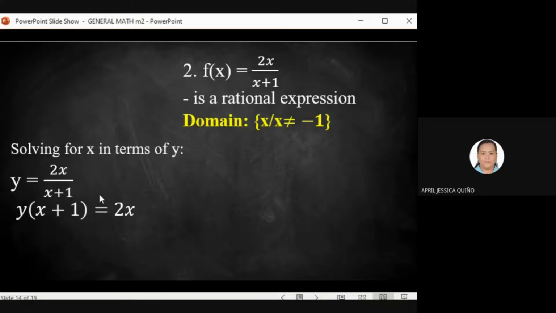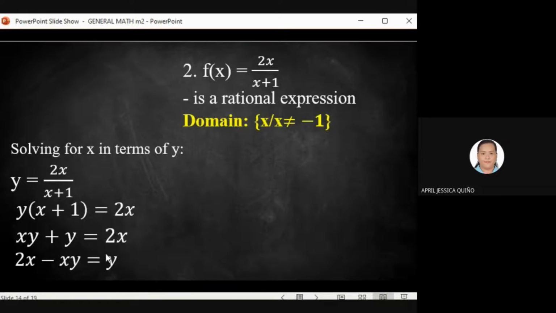If you're going to multiply x plus 1 to both sides, you'll get y times x plus 1 and you will only have 2x here, kasi kapag minultiply mo yung x plus 1 dito sa equation na 2x over x plus 1, the x plus 1 divided by x plus 1 is 1. So, it will be omitted here already and you will only have 2x. Okay? So, now we can actually evaluate y times x plus 1. So, you're going to have xy plus y equals 2x.